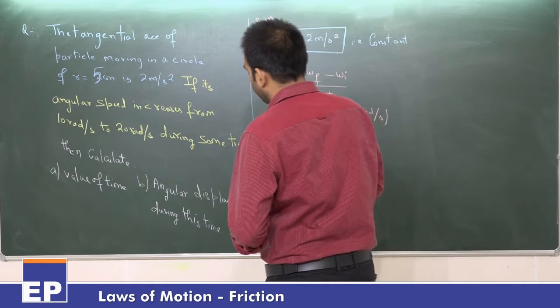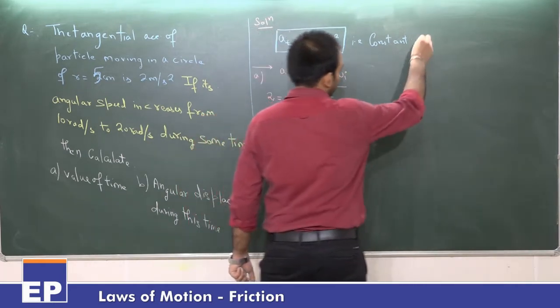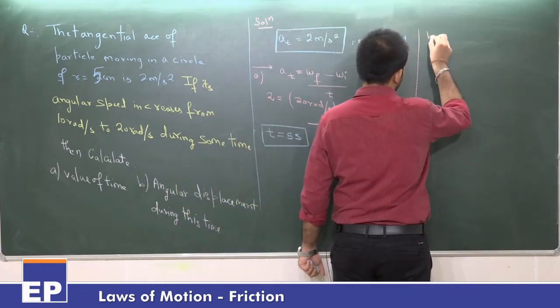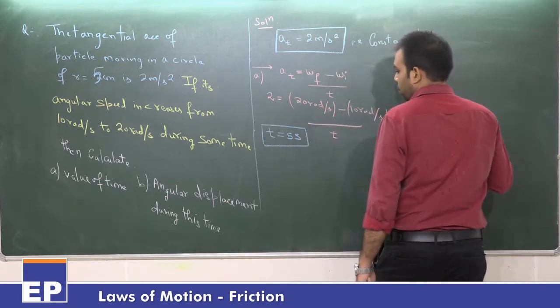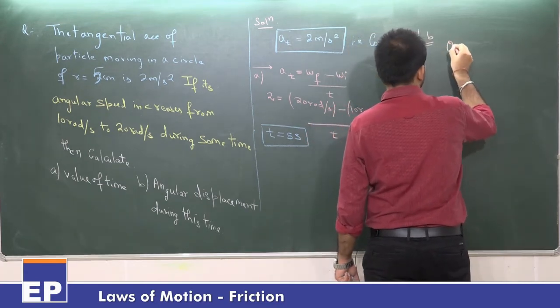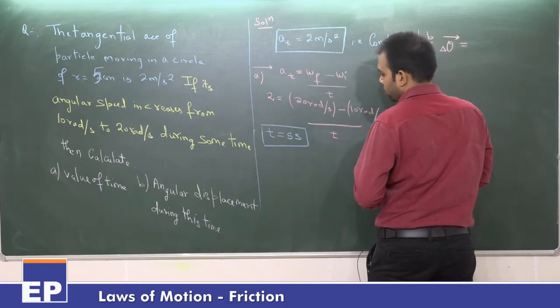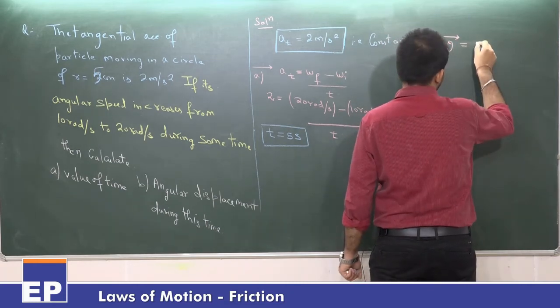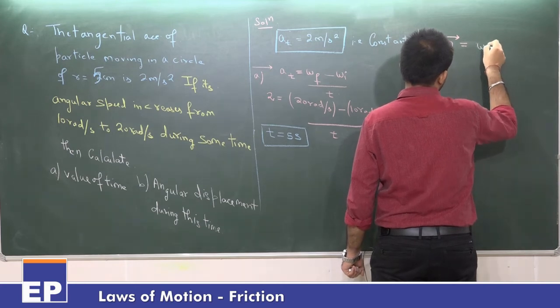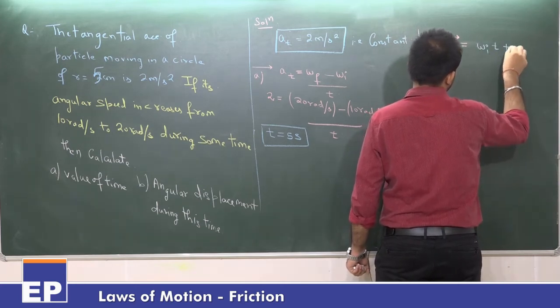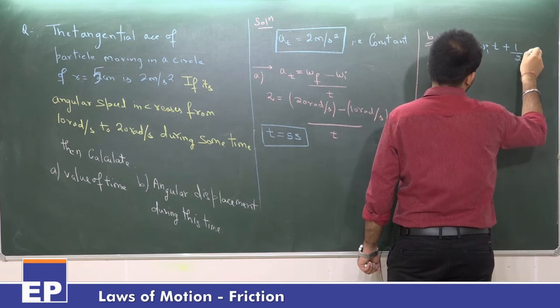If it is 5 second, then find the angular displacement in this time. So what is the angular displacement? Theta. Angular displacement is omega initial into t plus half alpha into t square.